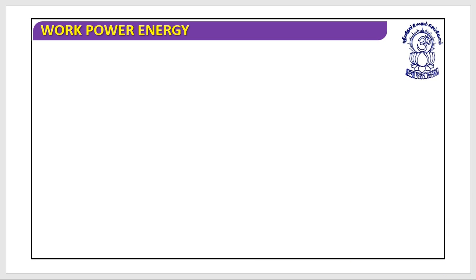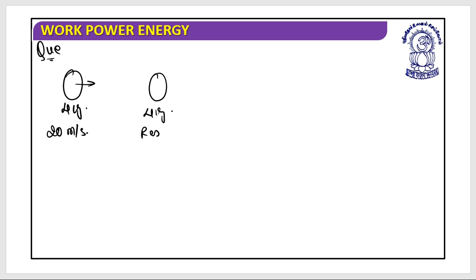So are you ready to have one of the questions based on this approach? Yes, let's say this is a 4 kg object which is moving with 20 meter per second in this direction. This is again a 4 kg object which is at rest. They are going to collide somewhere. Let's say this is first, this is second.